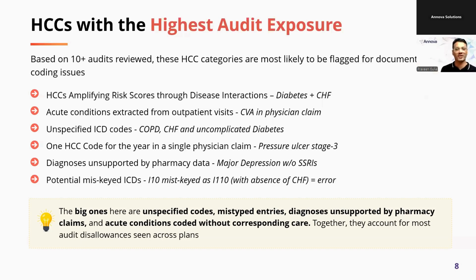Again, the same concept here. This is their anchor for OIGs and RADVs. One HCC or one ICD, which is coded once in the calendar year in the physician claim, is under the microscope. Now, what I have mentioned here as an example is pressure ulcer stage 3.